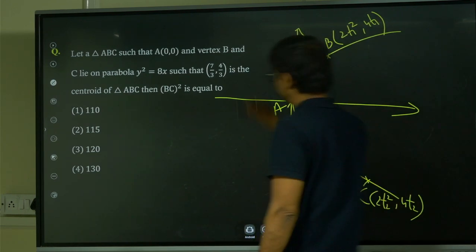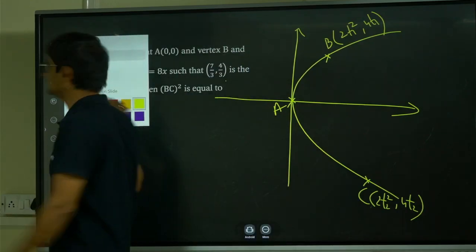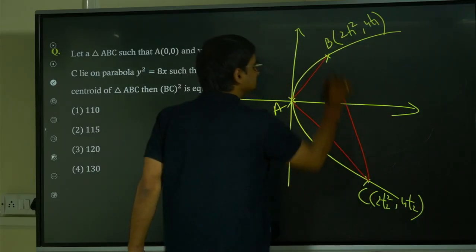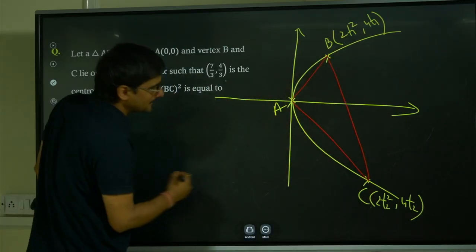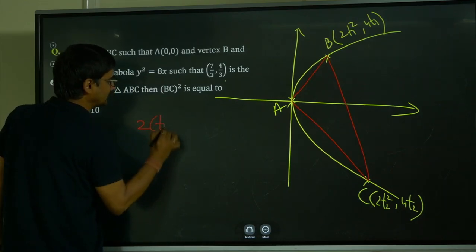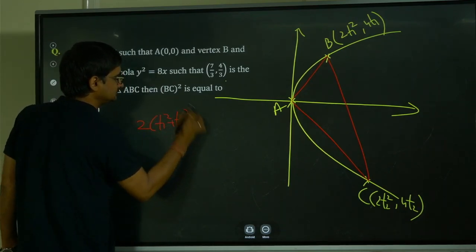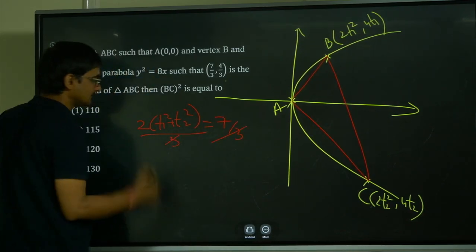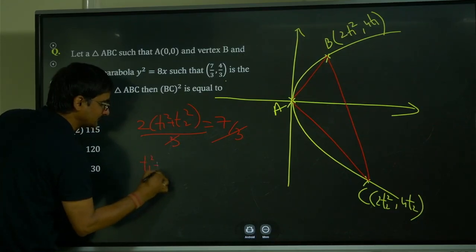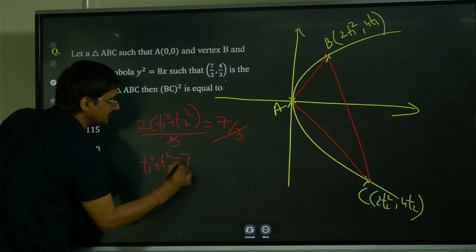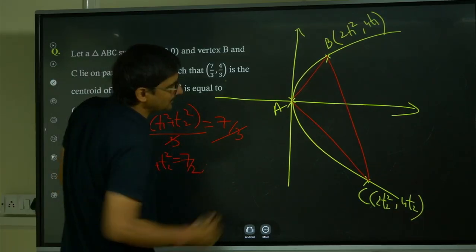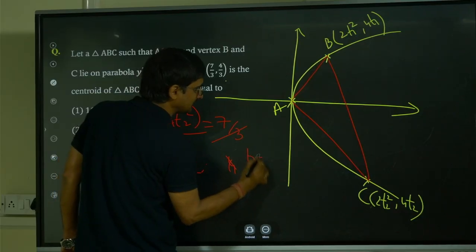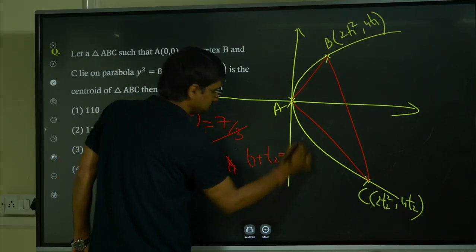The centroid is given, so we are given the relation. So the centroid is (2(t1 square plus t2 square) by 3, 4(t1 plus t2) by 3), and the x coordinate gives 7 by 3. So we have t1 square plus t2 square is equal to 7 by 2, and the y coordinate is 4 comma, t1 plus t2. So t1 plus t2 seems to be 1.